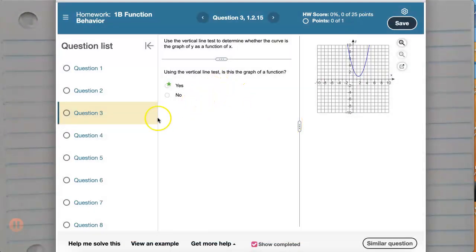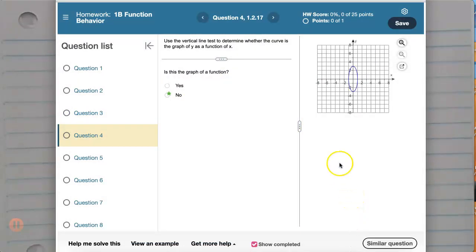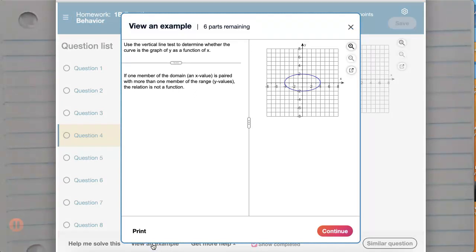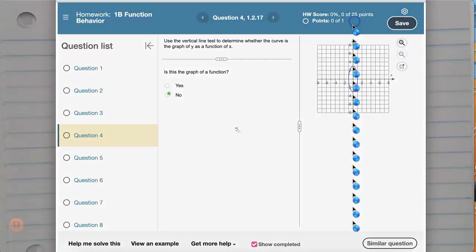And that's all they want. Number 4 does not pass. Or let me look at the example. It does not pass either. No work to show, just look at the graph.